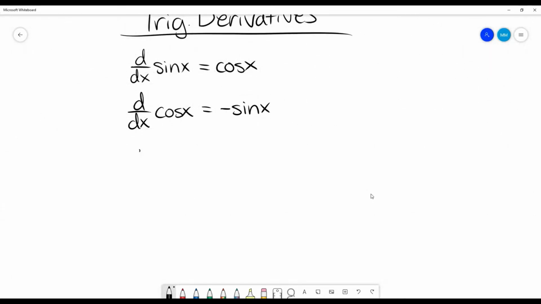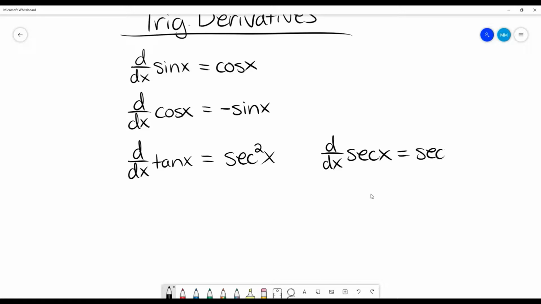Moving down the line, we've got the derivative of tangent, which is secant squared, one of the more difficult ones to remember. Then the derivative of secant is actually going to be secant times tangent.